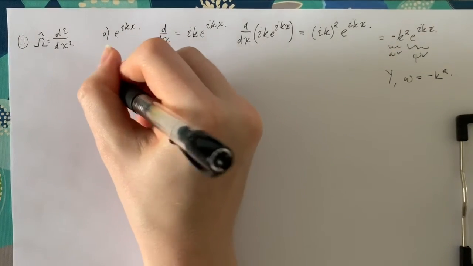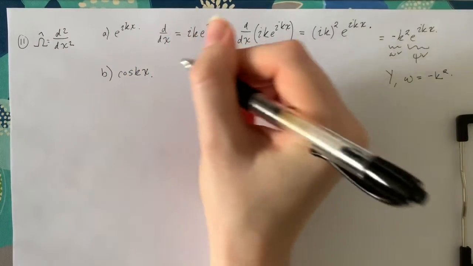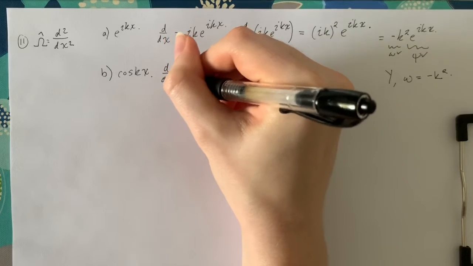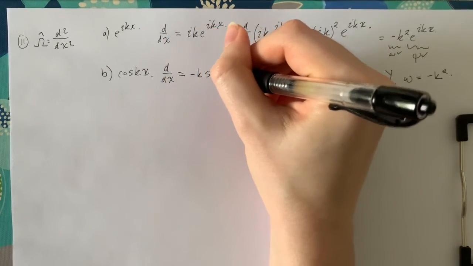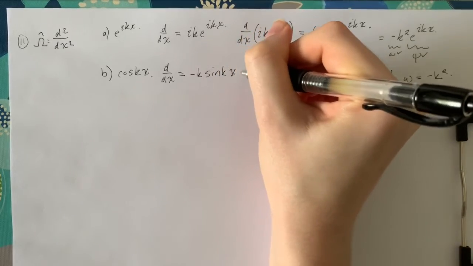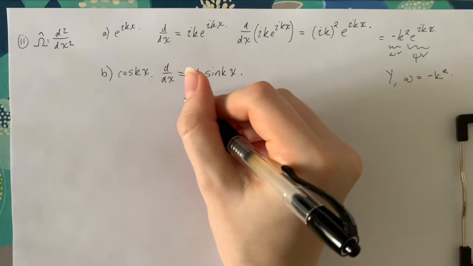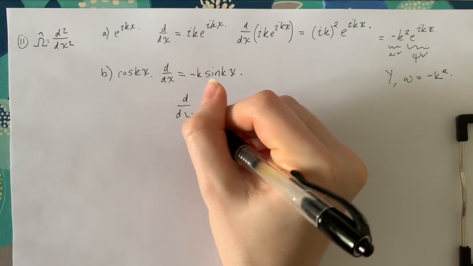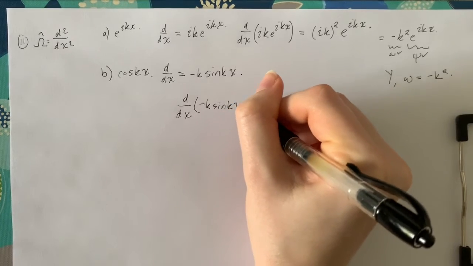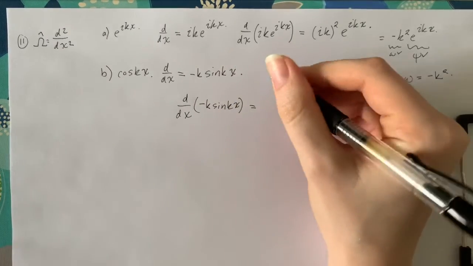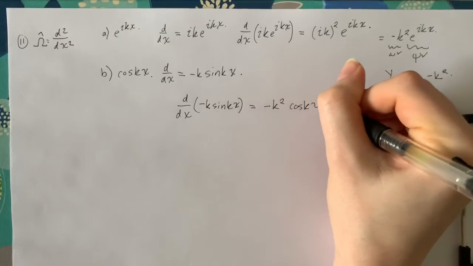For the next one, which was cosine kx, the first derivative was minus k sine kx. So the derivative now of the first derivative equals minus k squared cosine kx.